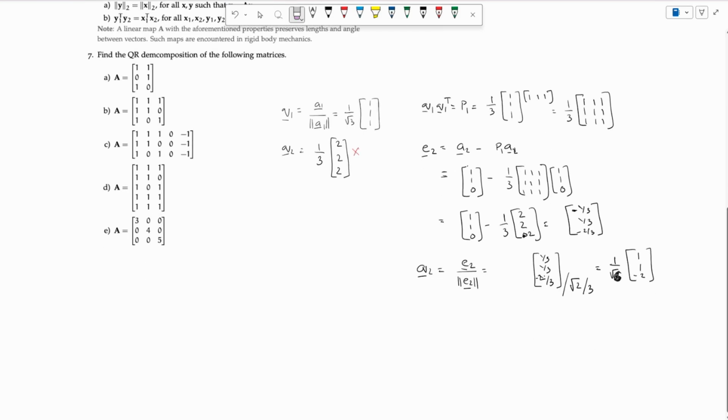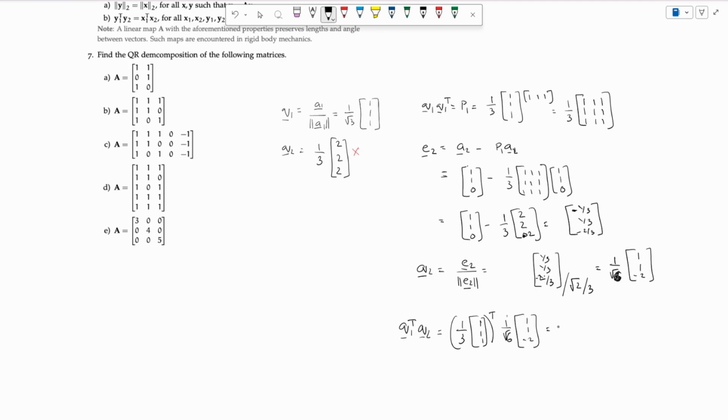So we need to find out if Q1 and Q2 are orthogonal to each other. So you do Q1 transpose Q2. Q1 is 1 by 3, (1, 1, 1). We need to take the whole transpose. Q2 is 1 by root 6, (1, 1, minus 2).